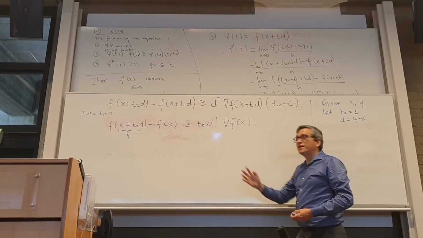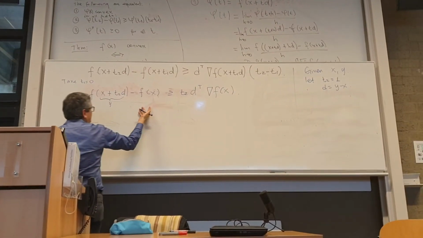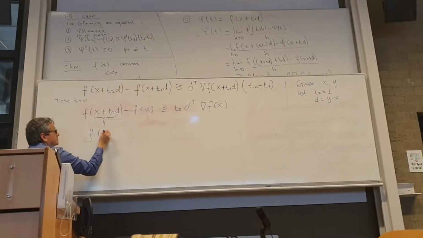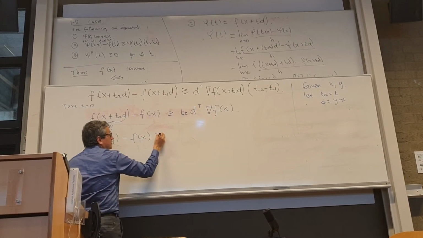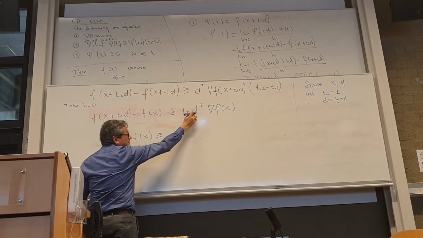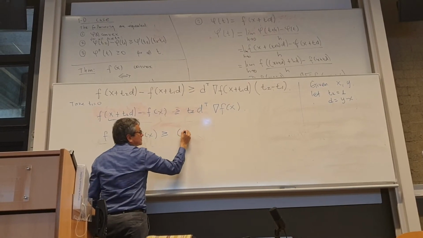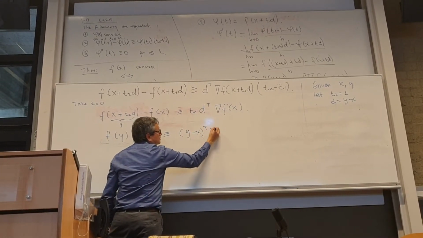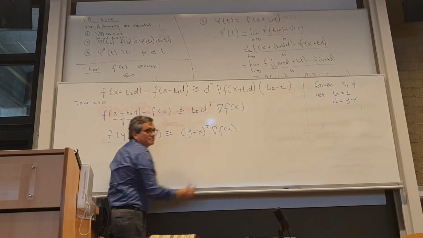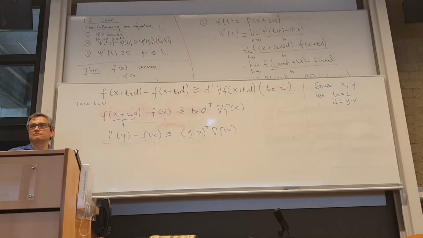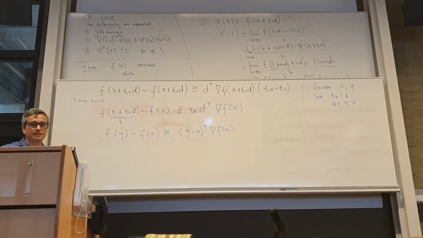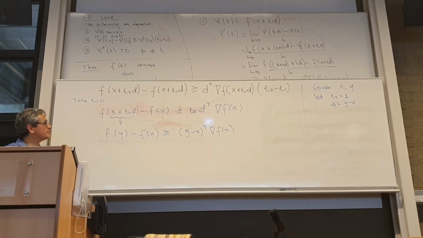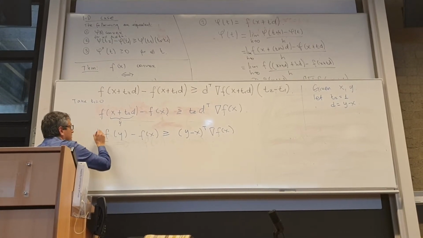And then what is this saying? Then we get that f of y minus f of x is greater or equal, t2 is 1, this is y minus x, transpose the gradient of f of x. And that's the theorem that we have. F is convex if and only if this happens for all x and y.